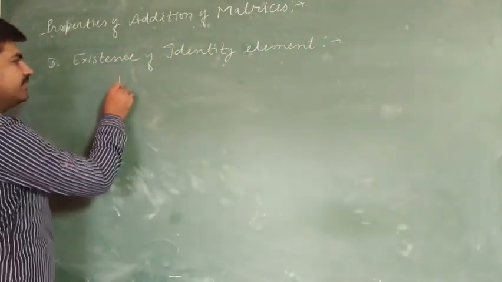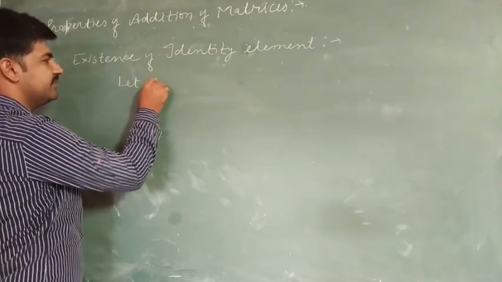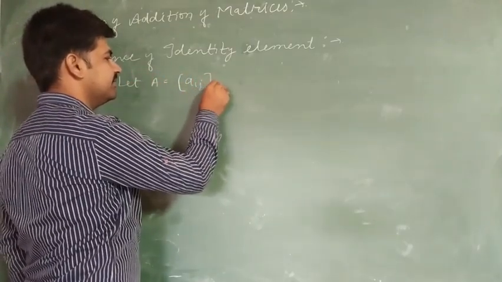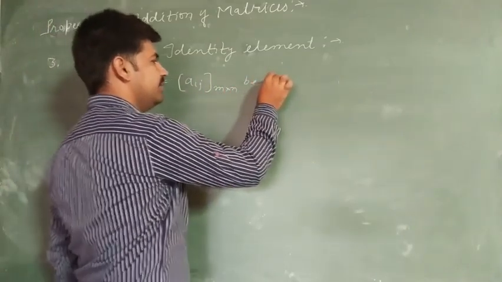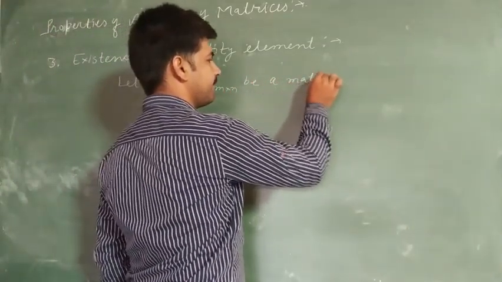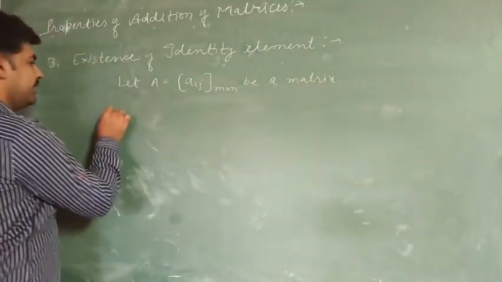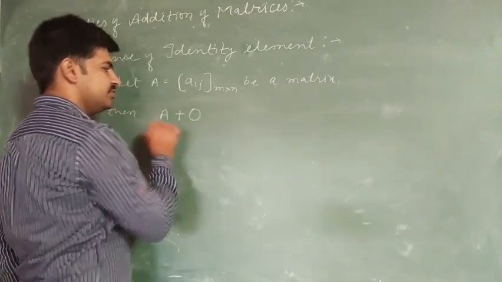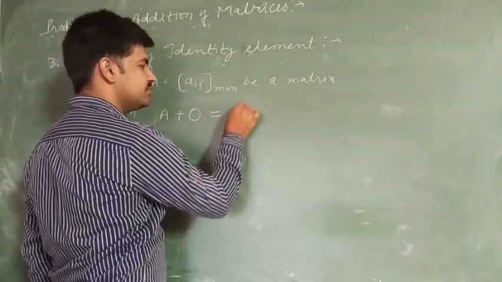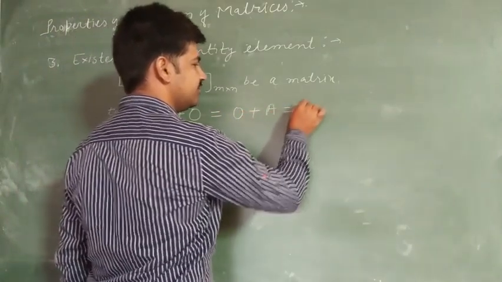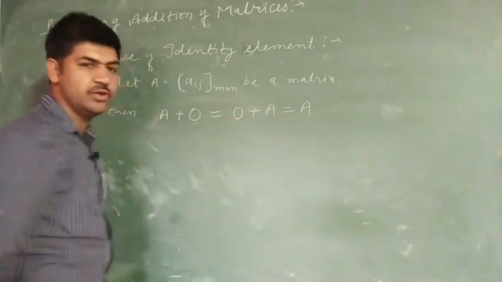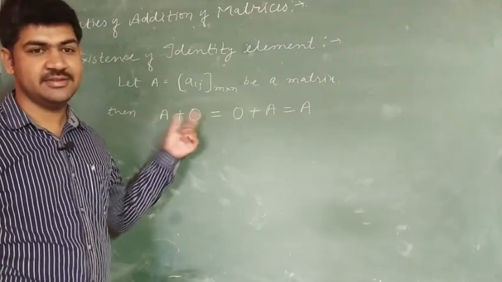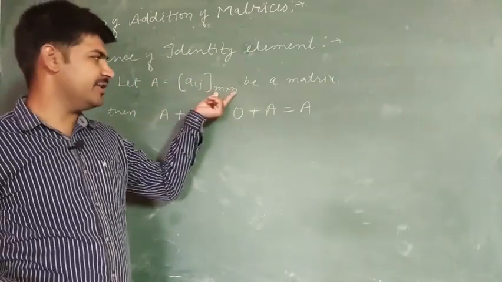Dear students, let A = [aij] m by n be a matrix, then A plus 0 is equal to 0 plus A is equal to A, where this 0, or you may call it O, is a matrix or null matrix, you can call, of the same order m by n.